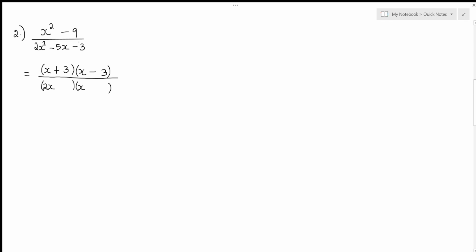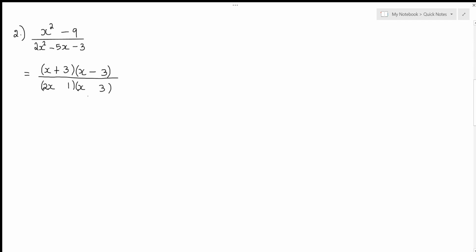Then we have a 3 here. Now the 3 can only be 1 times 3. Now the main thing here is you can work this out by trial and error. So you could put 1 times 3, and then you could try 3 times 1 and test your middle term. I'm going to try 1 times 3 first to see if it works.